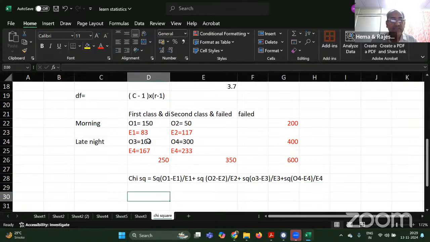So I think if you calculate it, that will be better. So 150 minus 83, make a square of it, divided by E1. Some of you can start doing it.